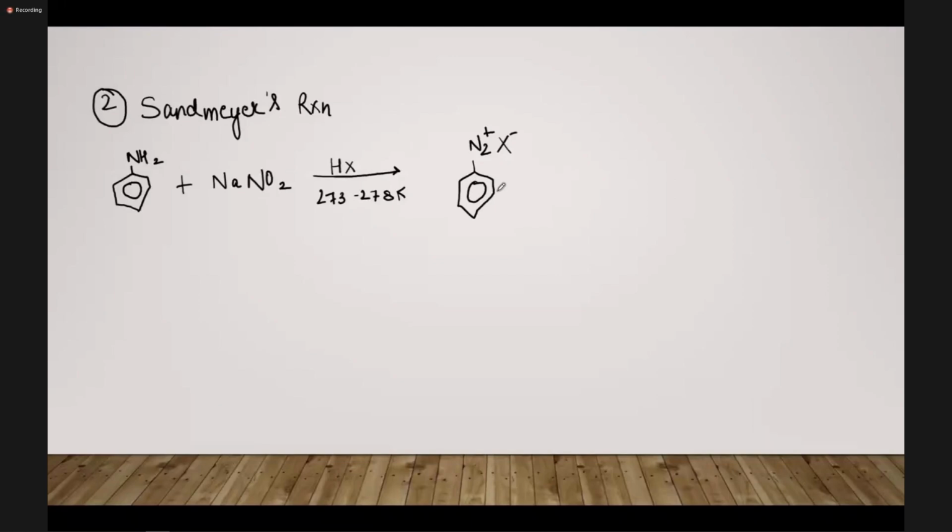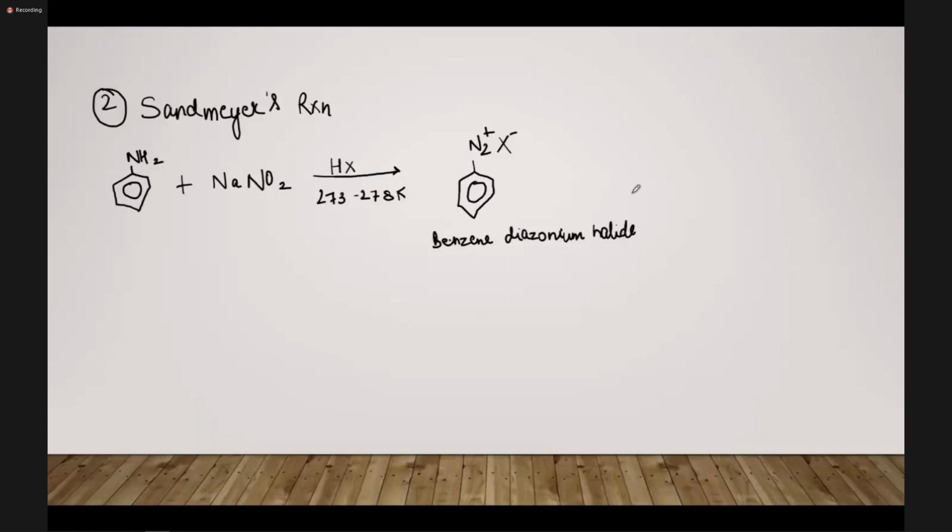And this compound is known as benzene diazonium halide, depending upon which halogen. If X is Cl, then we will call it as benzene diazonium chloride. Okay. So this is the first step of this reaction, of the Sandmeyer's reaction.